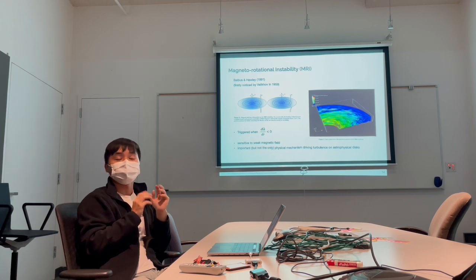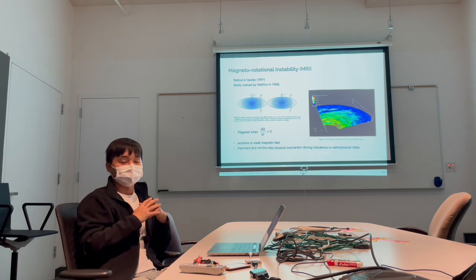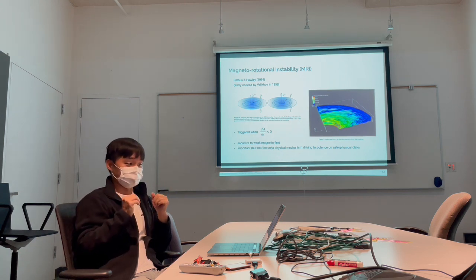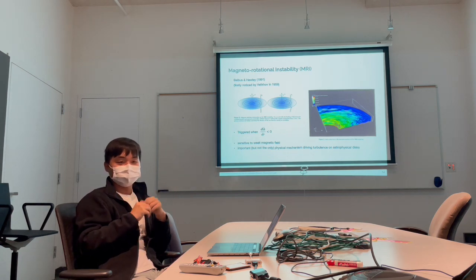This is not the only one. If you look at the reviews on the papers, the self-gravity of the disk can also trigger some kind of instability, and there are all the other effects, but I'd say this is pretty much dominant in usual situations. And this is also the effect that our code is trying to resolve with the minimal number of grid points.